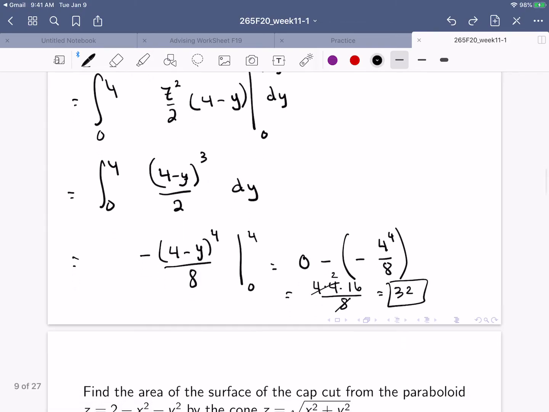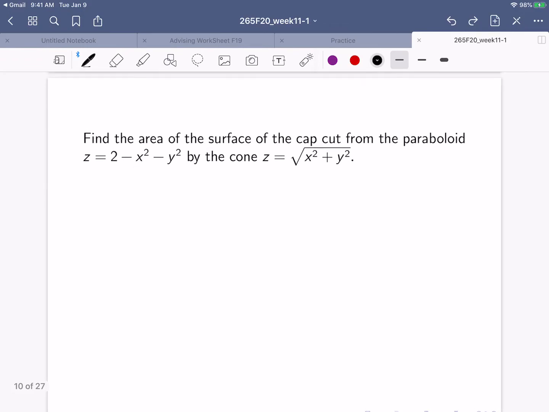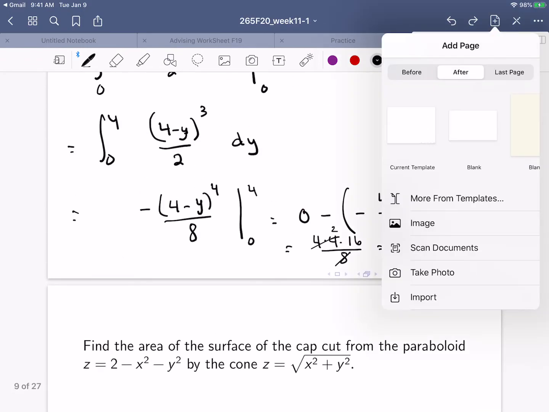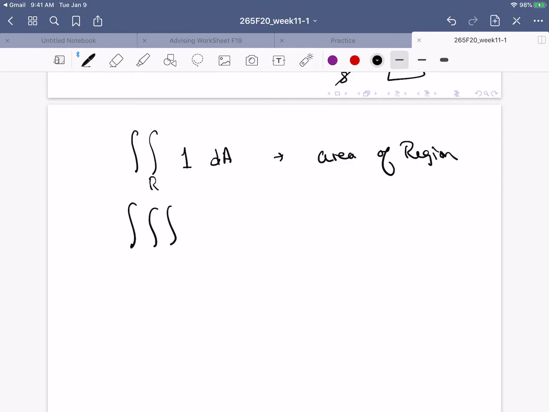All right. So when we talk about the geometric applications of triple integral or integration, we could integrate over a region, and this would give us the area of the region. We could integrate over a three-dimensional surface, and that would give us the volume of the surface.